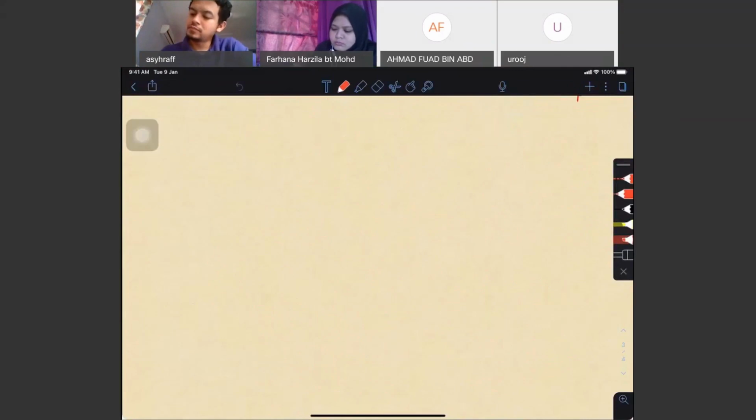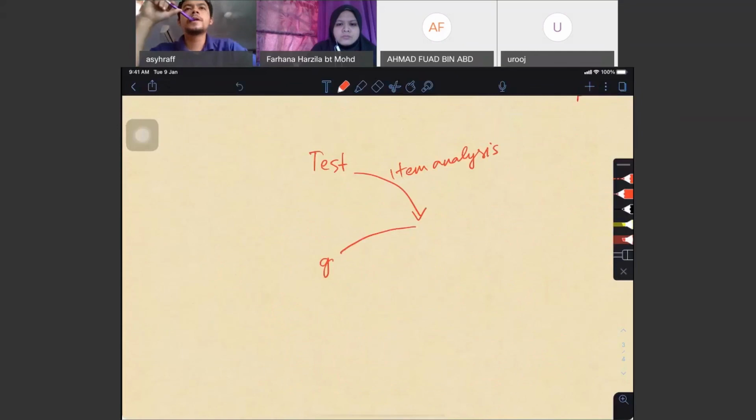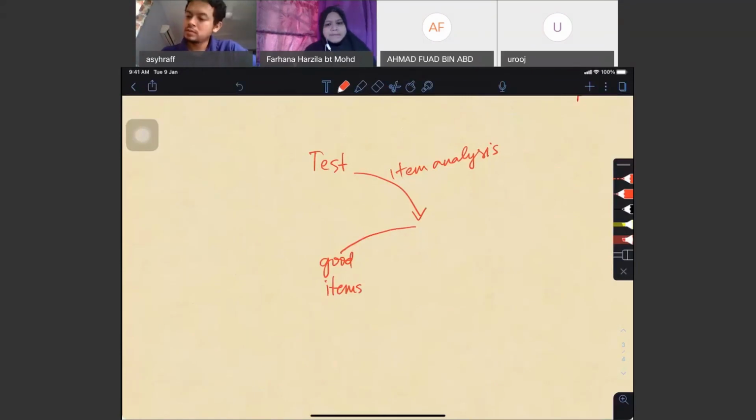So you test and then you do the item analysis, and you will have good items with acceptable values. Then these will go to the bank and will be reused.